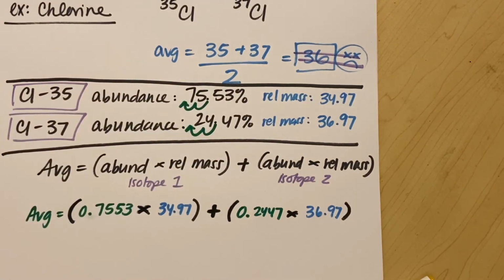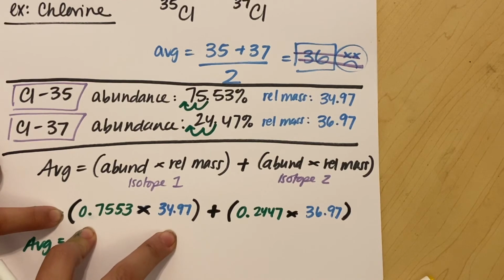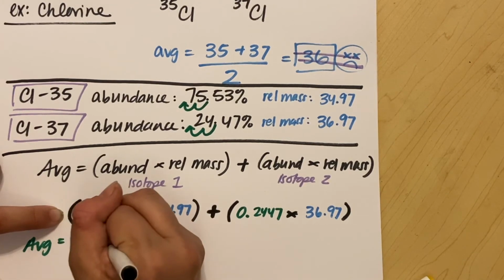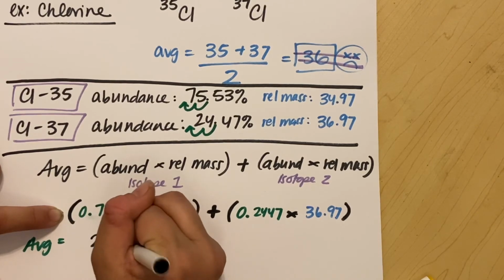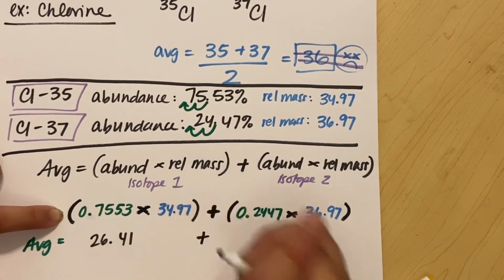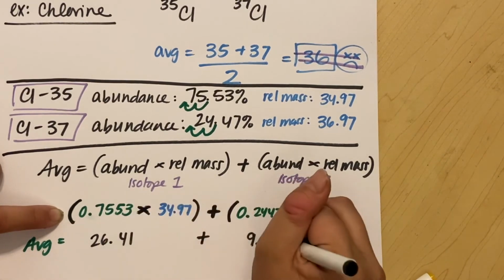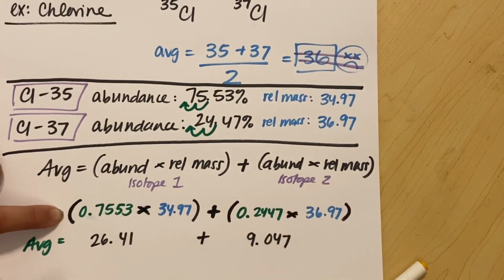Now I have these calculations, and you just put them into your calculator. The first product is going to be 26.41, plus 9.047. Okay, 4 sig figs for each one.